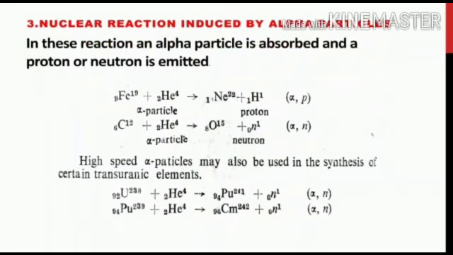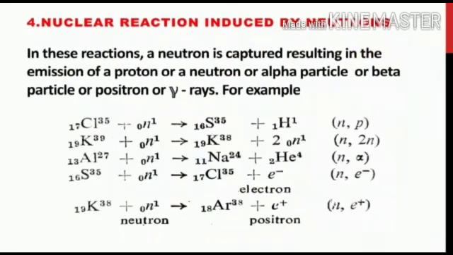In these reactions, an alpha particle is absorbed and a proton or neutron is emitted. Nuclear reaction induced by neutrons. In these reactions, a neutron is captured resulting in the emission of a proton or a neutron or alpha particle or beta particle or positron or gamma rays.